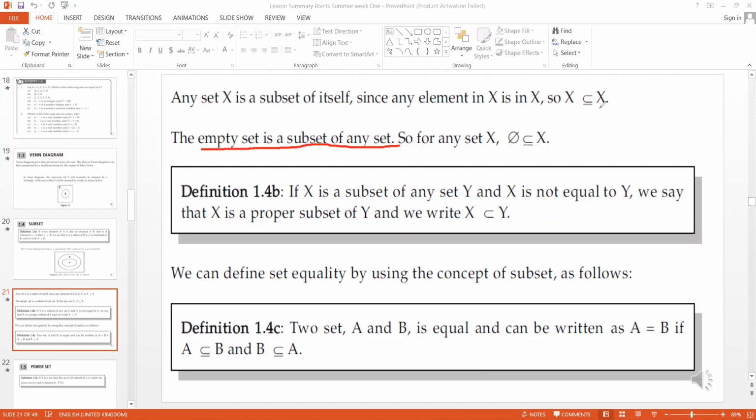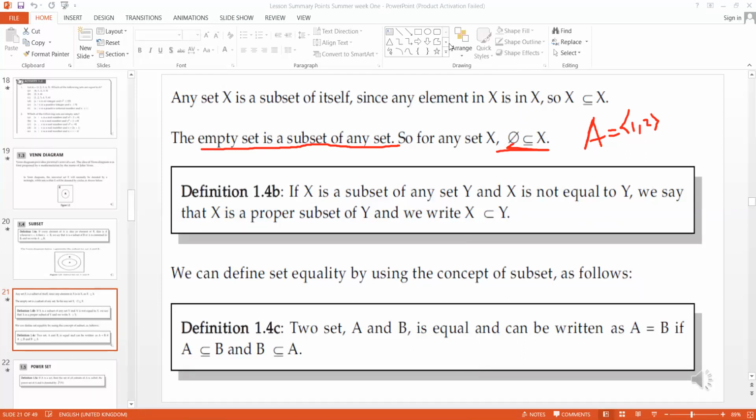So if I give you any set, like set A is 1 and 2, an automatic subset of this set is the empty set. Okay, the empty set is just automatically a subset of any set. That is one thing you have to take note of. Good.